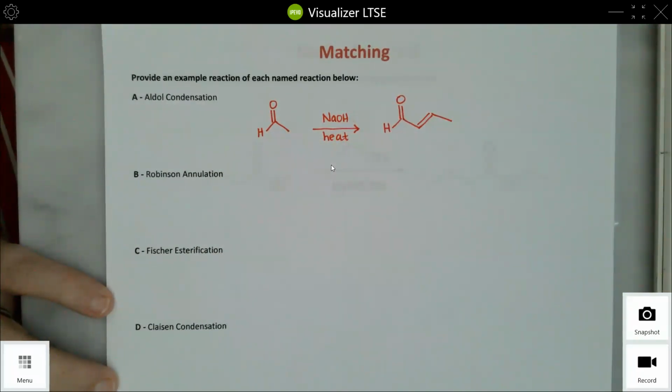Okay, how about a Robinson annulation? So a Robinson annulation is 2 things, right? You first start off with a Michael addition followed by an aldol condensation. So it's those 2 things together. I'm just going to use a different color just so that it separates in your mind, hopefully.